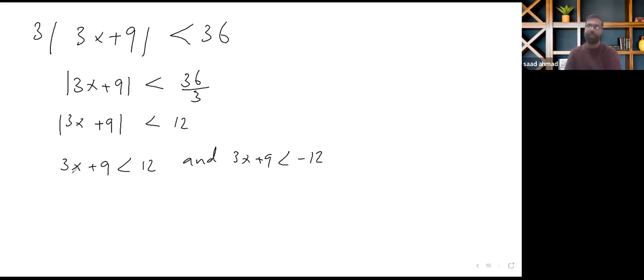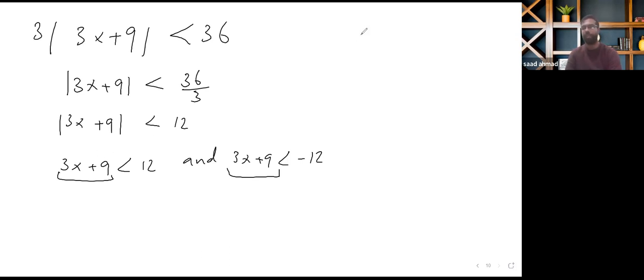Like we are saying this thing is less than 12, and then we are saying this thing is less than -12, right? So you cannot do it this way when we are dealing with inequalities.